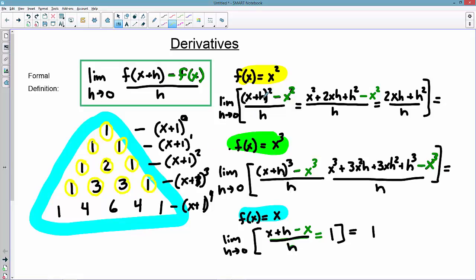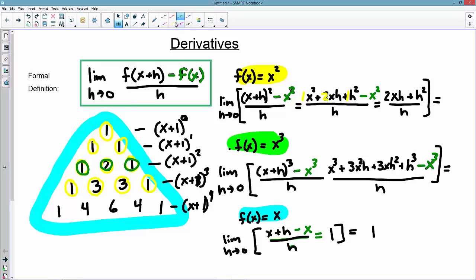And the reason why that's so important is you can see it right here, right? So now it's not x plus 1 in this case, it's x plus h. But for x plus h squared, it's 1x squared plus 2xh plus 1h squared, right? That's the 1, 2, 1, okay?